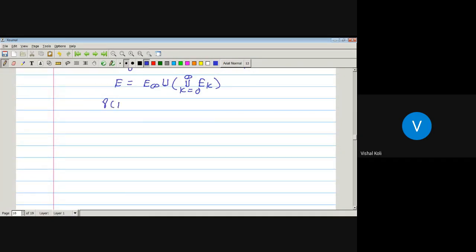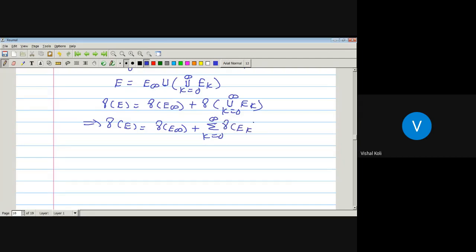Then gamma of E is equal to gamma of E infinity plus gamma of the union over k of E_k. But as gamma is a measure, it goes under countable additivity. Then gamma of E equals gamma of E infinity plus the summation over k running from 0 to infinity of gamma of E_k. Take this as equation 1.